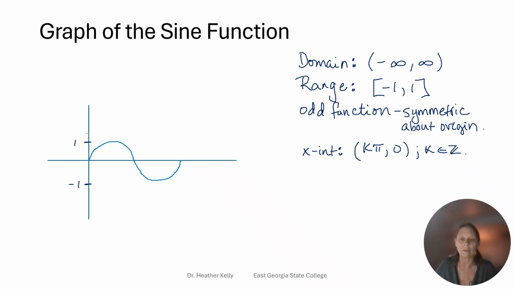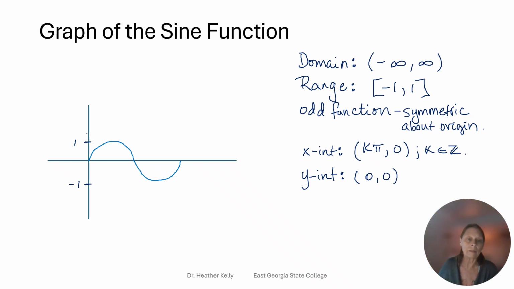Remember that means that for every whole number, positive or negative, you could plug in there, and that's going to give you an x-intercept. And when we talk about intercepts, we also need to talk about the y-intercept, and the y-intercept here is at (0, 0).